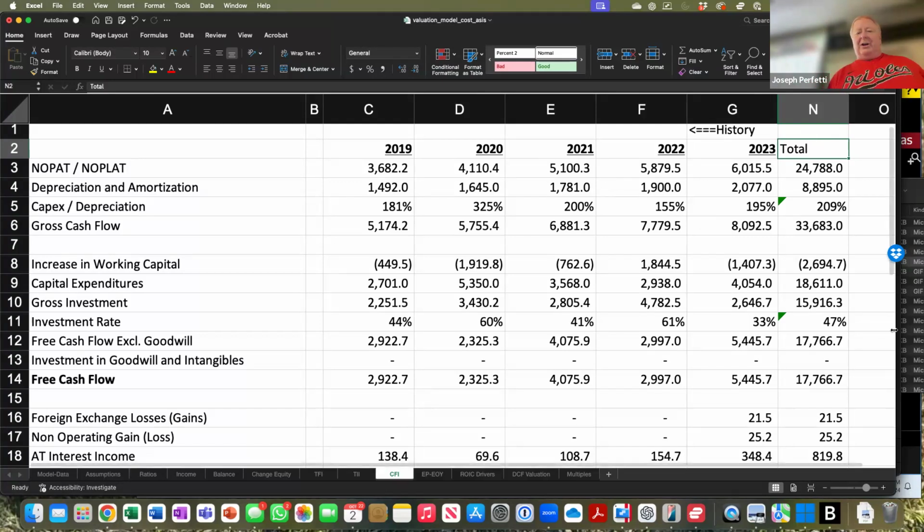All right. Every CFI analysis you do, you start with free cash flow. You always start here, because that number is going to tell you how your analysis is going to go. If you have positive free cash flow, that means you generated more cash than you spent. Where'd the money go? So a lot of your analysis is, where did that free cash flow go in those other 3 sections?